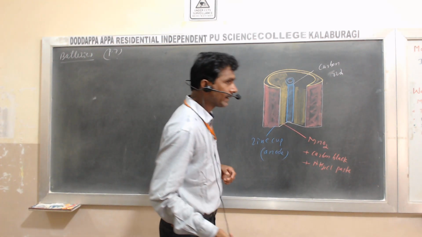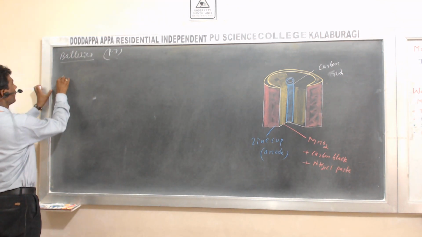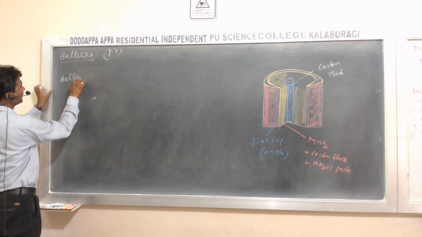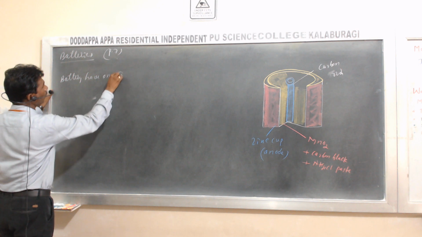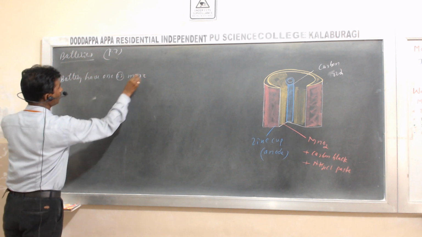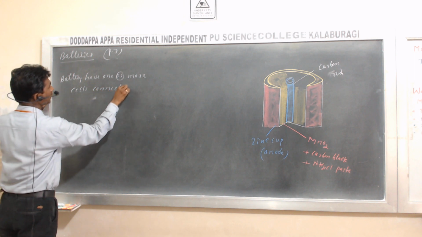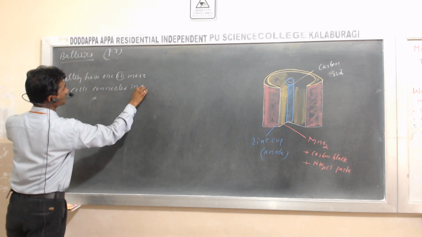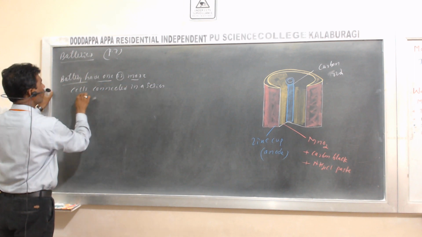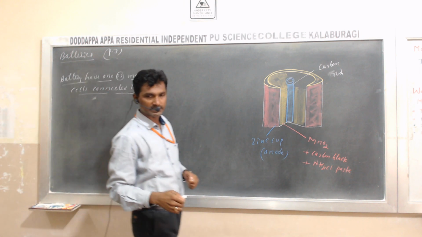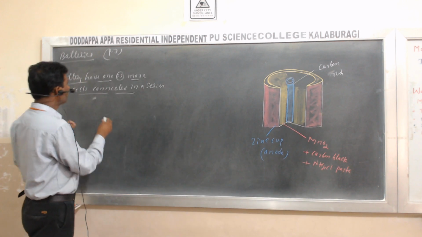So, what are batteries? Batteries have one or more cells connected in series. A battery with one or more cells connected in series is called a battery.